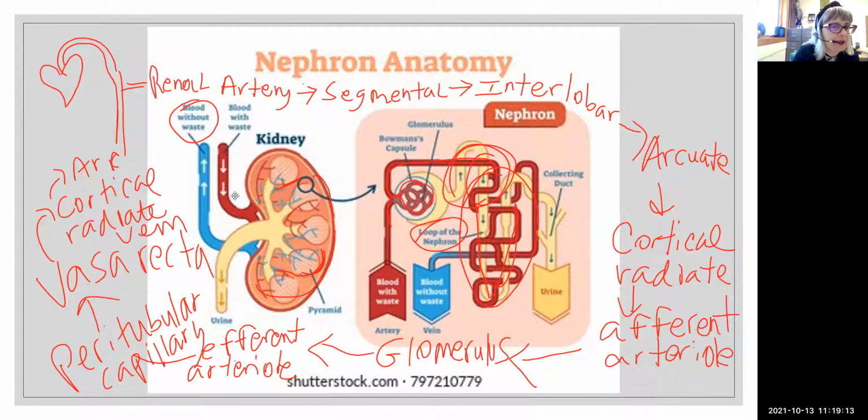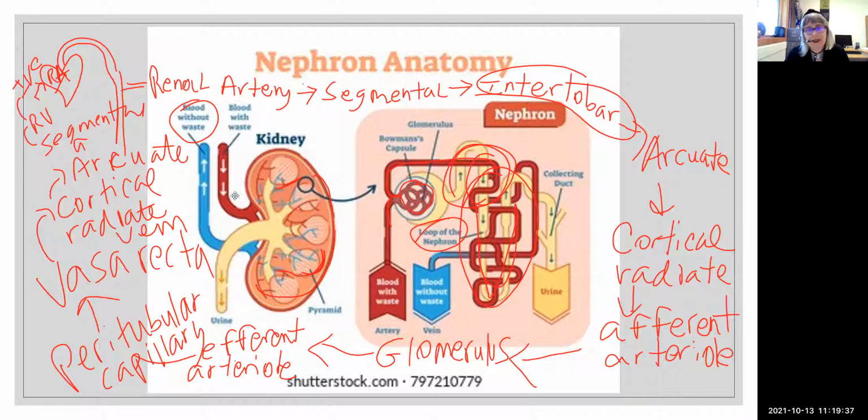And I'd like to make a distinction. The vein does not have an interlobar. It immediately goes into the segmental. And then from there becomes the renal vein. From there, it becomes the inferior vena cava that comes back into the right side of the heart, right atrium. So that's the blood flow.